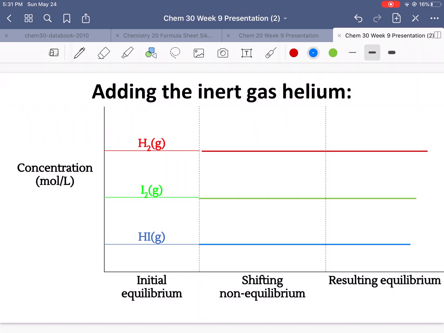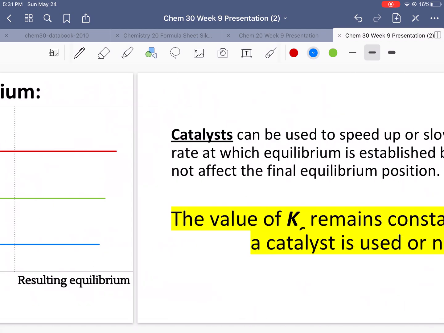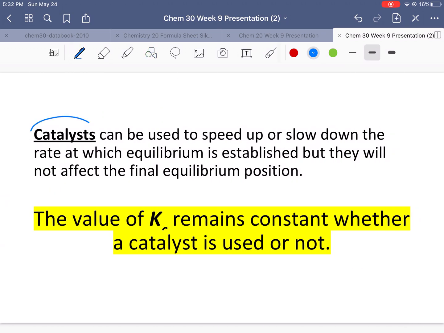It will not shift. Same. Okay? Now, reactions in general can be sped up or slowed down by a catalyst. And we've talked about catalysts before, especially in the context of our first unit, where we recognize catalysts can decrease the activation energy necessary for a reaction to proceed.